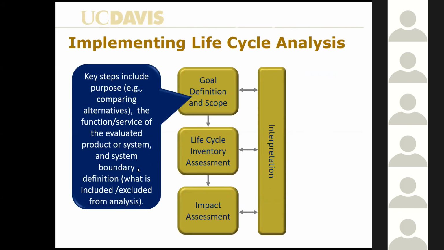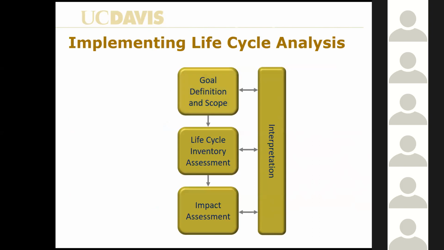And we refer to this as the system boundary. And one of the things to consider is that, for example, a roadway interacts with lots of other systems, whether it's a vehicle system or the transportation network in general. And so we have to define where we're going to stop doing our analysis, because it could be essentially infinite. And those are some of the things we decide in the scope and system boundary.